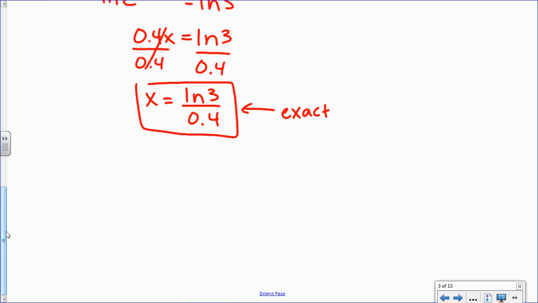Okay? And then to find approximate, type that in your calculator. Do natural log of 3 divided by 0.4. So wait to do the rounding until the end. It said round to 4 decimal places. So 2.7465.